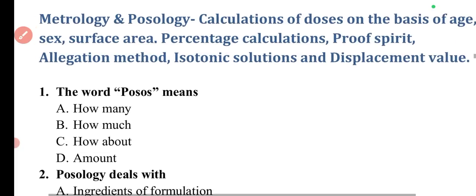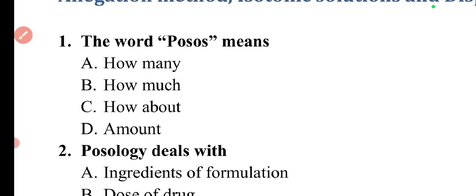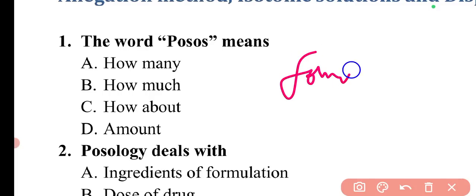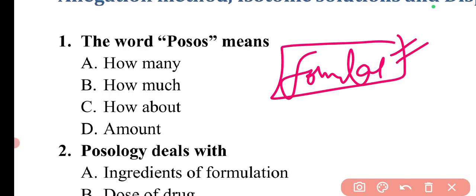Now we can move to the questions. From the calculation of child doses I have only included a few questions to give an understanding of what kind of questions have been asked. The rest I have provided as formulas for each and every category, so that you can simply remember the formulas, and in whatever concept the question is asked, you will be able to answer it.